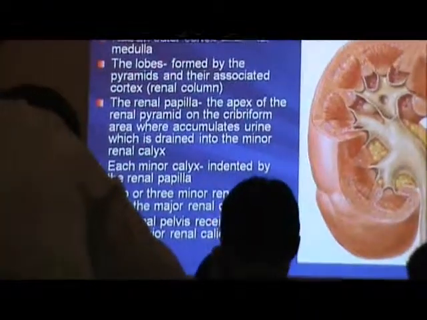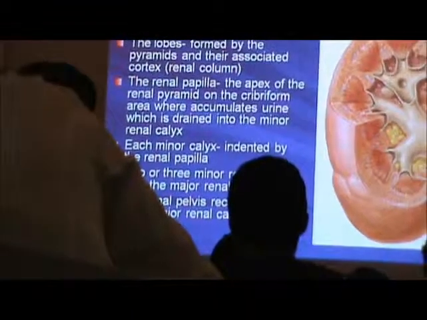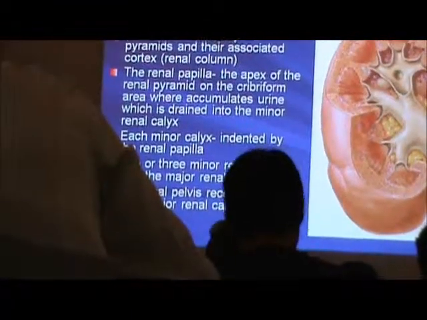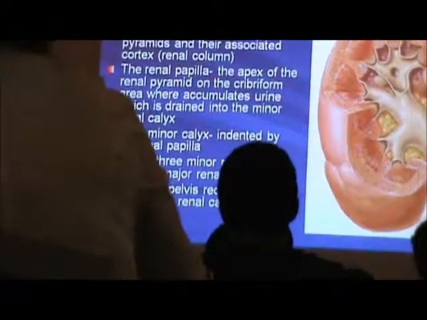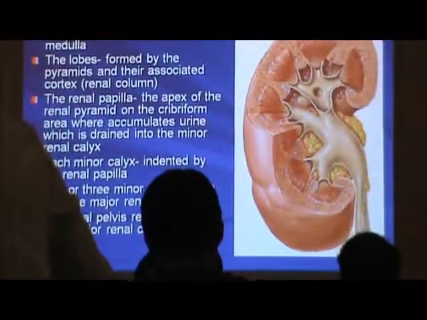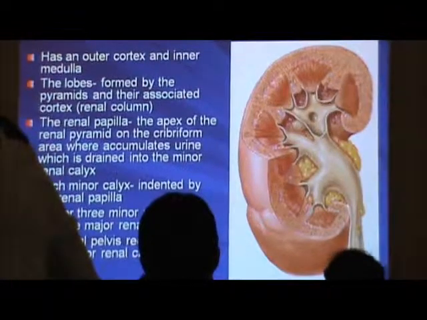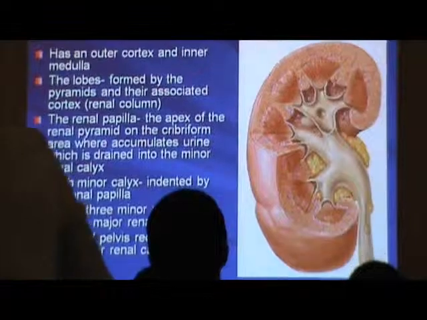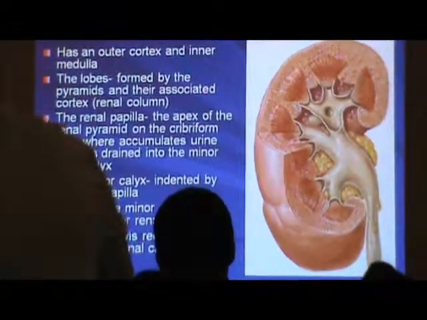It's important to remember the renal papilla, because in some diseases, like diabetes, necrosis of the renal papilla happens. When you are at the course of nephrology, you will hear about it. Necrosis of the renal papilla in diabetes.